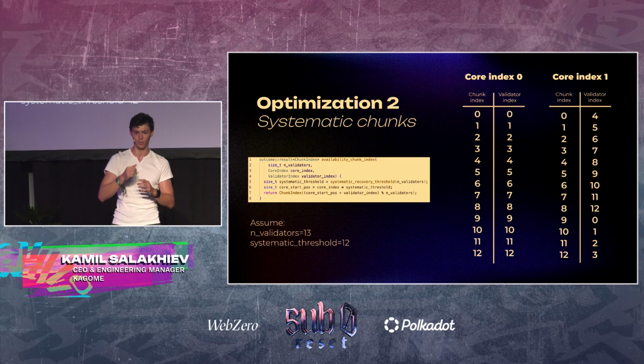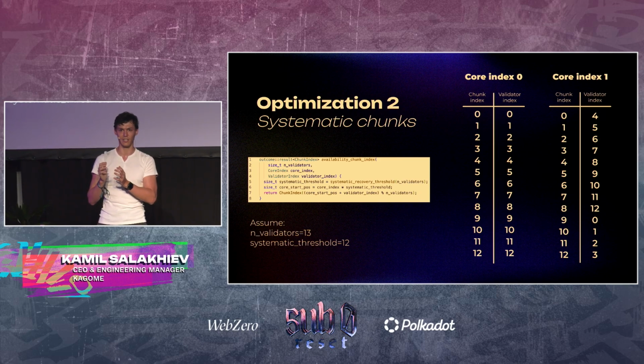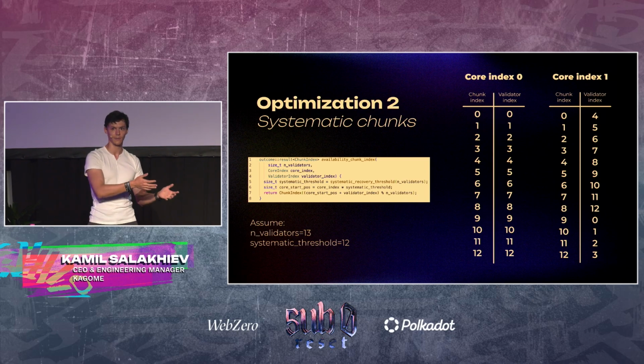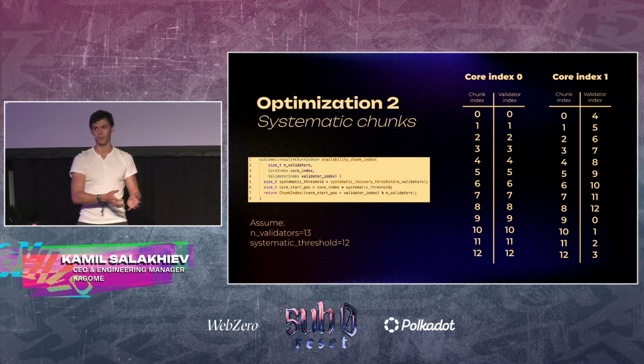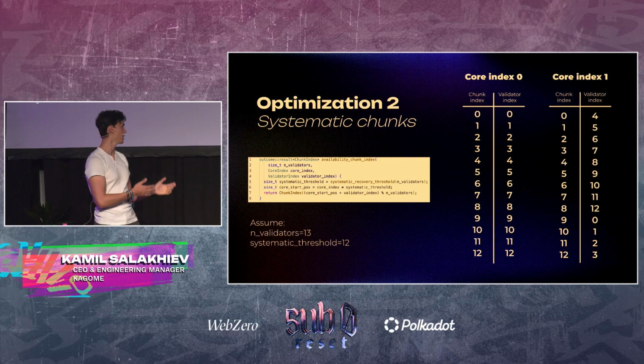In the beginning, we were just reconstructing the data from erasure-coded chunks. Then we noticed that we can actually fetch the full data from the backing validators. But then we noticed some problems there, and we introduced systematic chunks with chunk rotation. And that's what we have today.